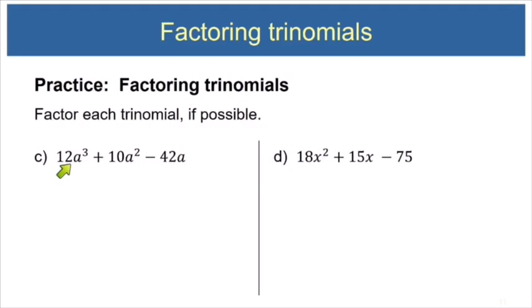Here I have 12a to the third plus 10a squared minus 42a. Now these numbers seem really large. Also notice that a is common to every term. So when the numbers are larger than usual, you might want to ask yourself, is it possible that these numbers can all be divided by the same thing?